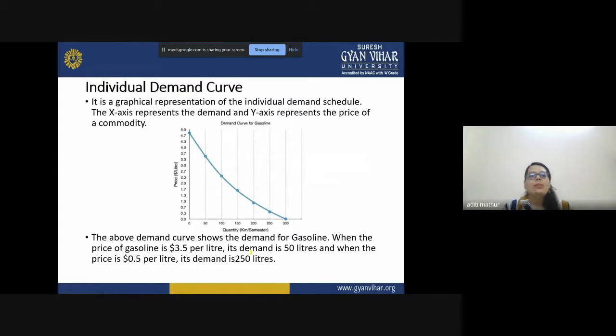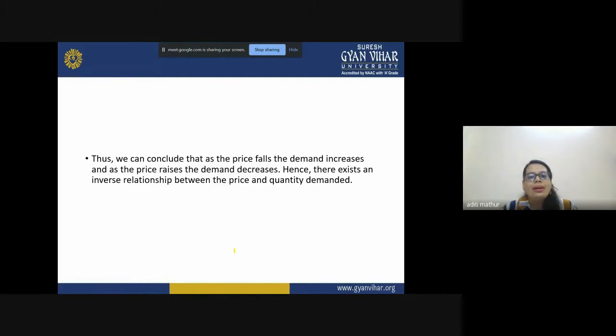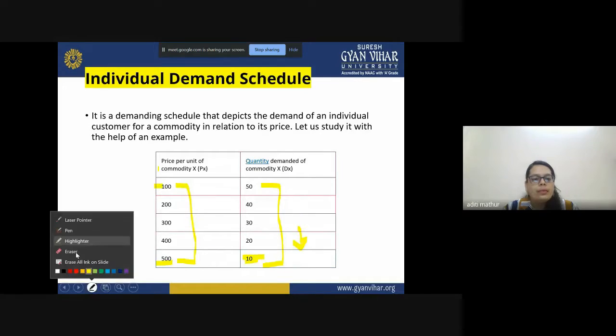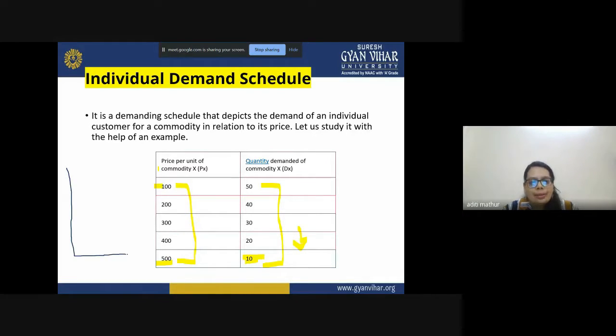Now let us understand what we mean by individual demand curve. An individual demand curve refers to the graphical representation of our individual demand schedule, right? So whenever the schedule is converted into a graphical representation, the x-axis will represent different quantity demanded and the y-axis will represent different price levels of commodity x.